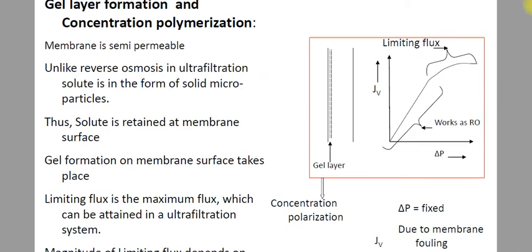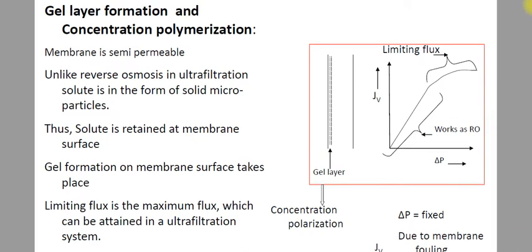Now there are some technical aspects about the ultrafiltration membrane. So generally ultrafiltration membranes are semi-permeable membranes. It selectively removes the solvent, and it rejects the microorganisms from the solution. So unlike the reverse osmosis membrane, reverse osmosis membranes are used to separate out the salt, and the solubility of salt in solvents like water is very high.